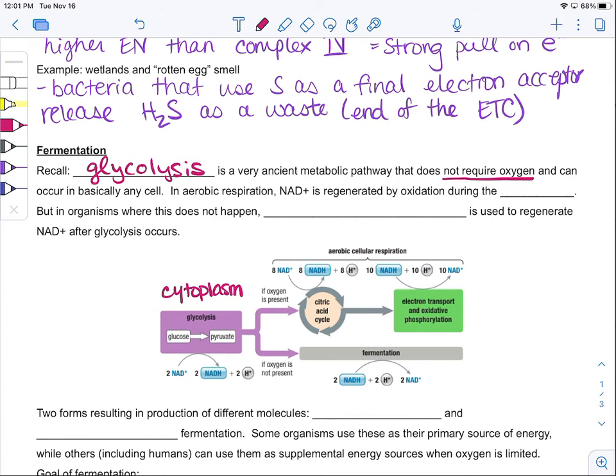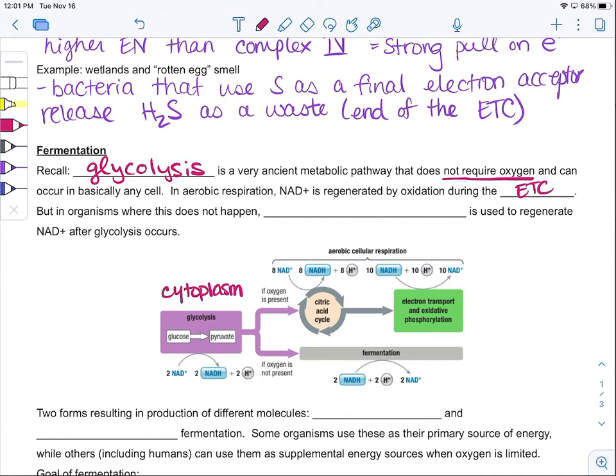Now, in lesson 6, we discussed the fact that during aerobic respiration, NAD plus is regenerated by oxidation, and that happens during the electron transport chain. So we had mentioned that after NADH drops off its electrons and protons at complex 1, that NAD plus can just go back and continue to act as a reactant.